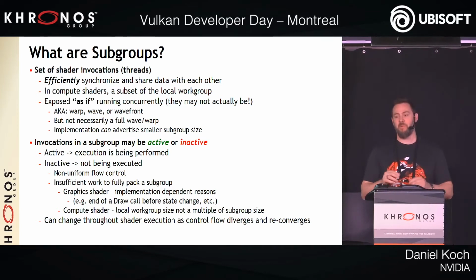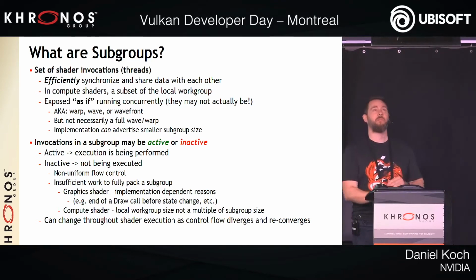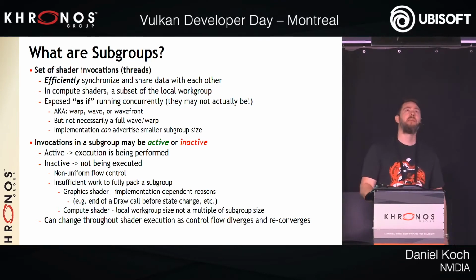So keep that in mind when you're designing your algorithms to use subgroups: they may not all actually be running, and they may not be running in lockstep. Very important. The other thing to note is that implementations can advertise a smaller subgroup size than your wavefront. I'm not sure if any do right now, but I know for NVIDIA, our warp is the same as the subgroup size.